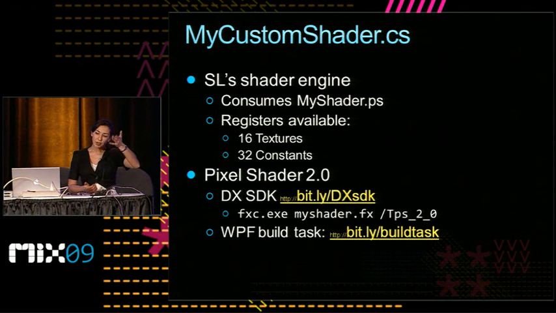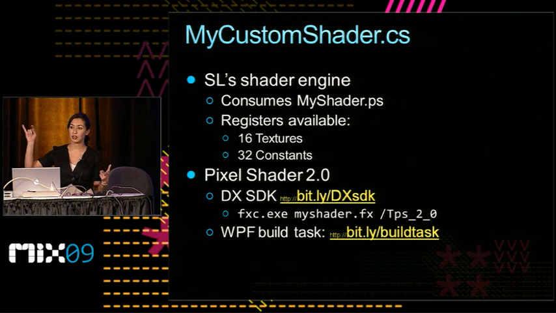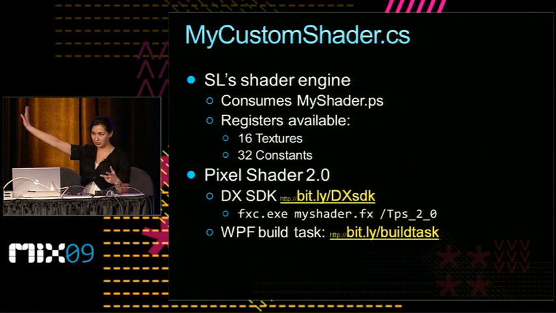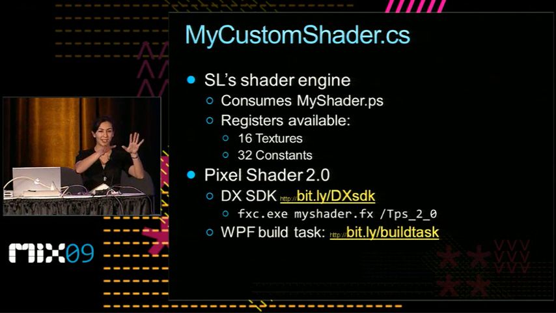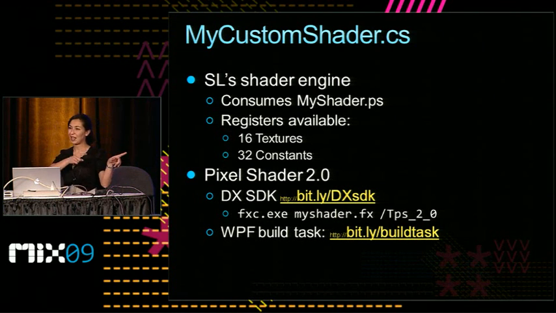We then invoke the compiled version of the HLSL file that we support, and you can compile it via the DX SDK, which, by the way, is 500 megs. I tried to download it at a coffee shop. Didn't work out so well. Or via a WPF build task, which is more like, I think, 2 megs. And that's what I'm going to be using in our demo today.